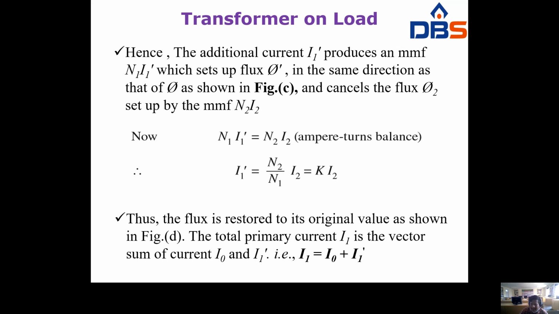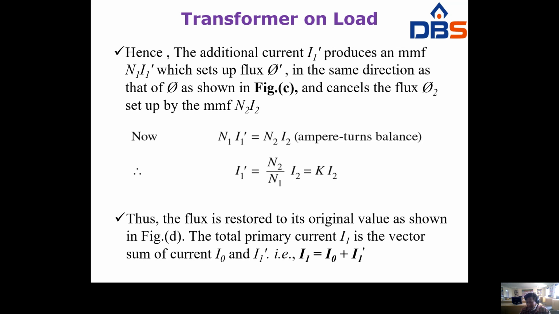So N1 I1 dash is equal to N2 I2. Therefore, I1 dash is equal to N2 by N1 times I2, that is K I2. The formula is correct. Transformation ratio K is equal to I1 by I2. Thus, in conclusion, the flux is restored to its original value as shown in figure D. Therefore, the total primary current I1 is the vector sum of I0 plus I1 dash.